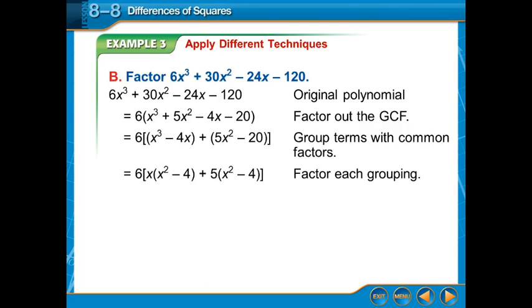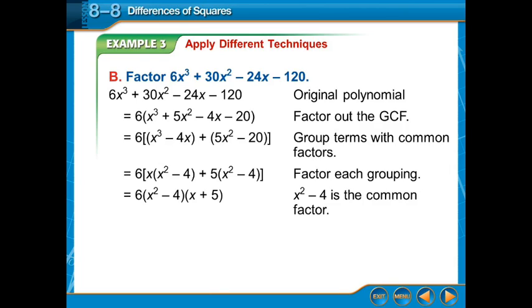Now there's the difference of two squares right there. And if I'm trying to force out the same common factor out of all four terms, then I have to force out an x squared minus 4 out of the 5x squared minus 20. So that will leave me with 6 times x squared minus 4 times x plus 5.